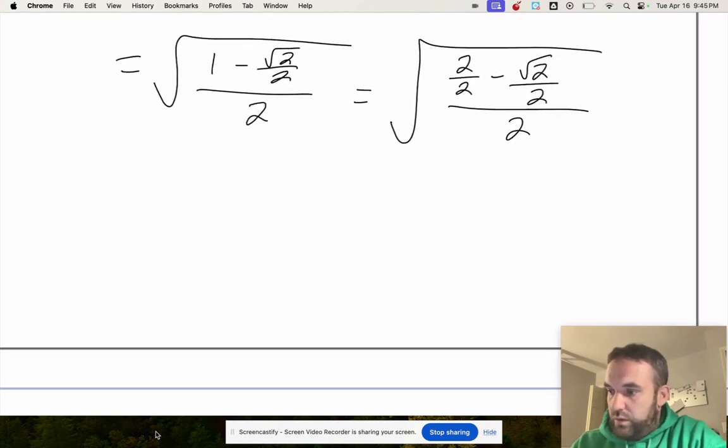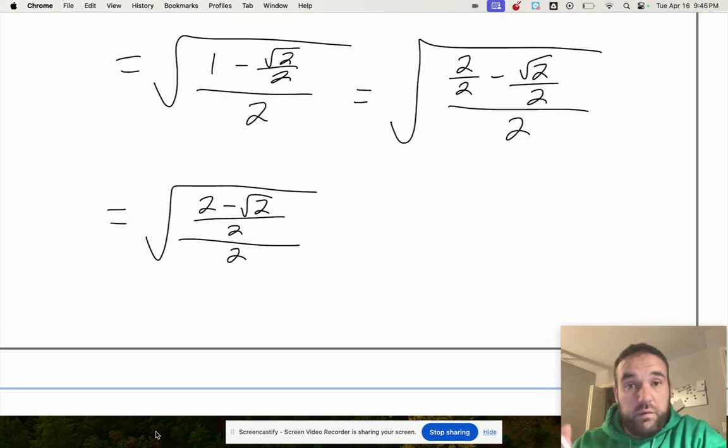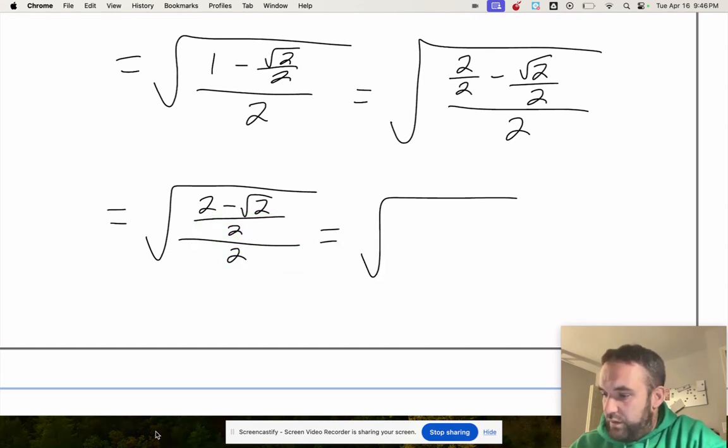Now I'm going to go one line down and write this as a single fraction over 2, and all of that is being divided by 2. Maybe you've picked up on the pattern by now, but dividing by 2 and then immediately dividing by 2 again is the same as dividing by 4. So this is really equal to the square root of 2 minus root 2 over 4. And you might be saying to yourself, my gosh, we have to be done.